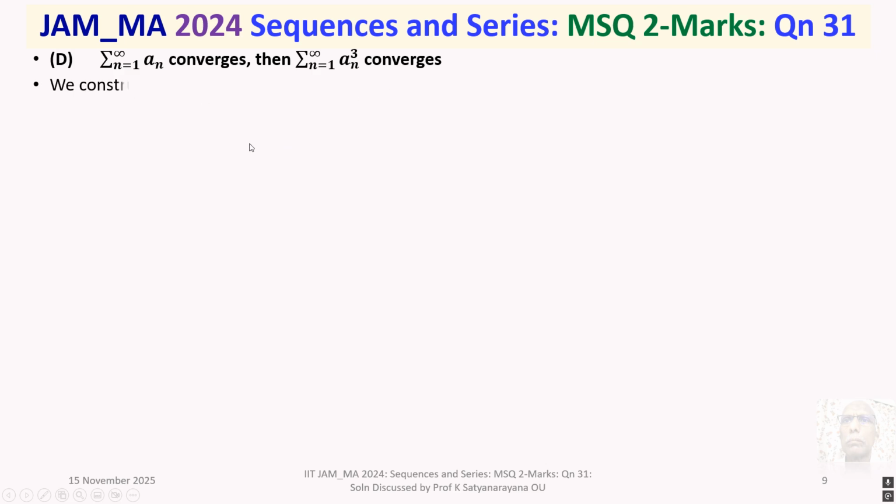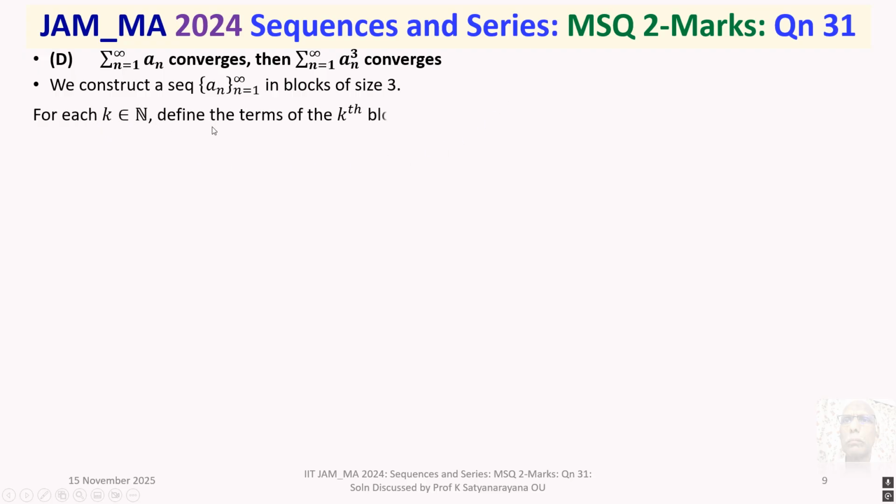For this, we construct a sequence an in blocks of size 3. For each k belonging to n, define the terms in the kth block. There are 3 elements. A 3k minus 2 is 2 by cube root of k. A 3k minus 1 is equal to A 3k, the next 2 terms in that block, is minus 1 by cube root of k.